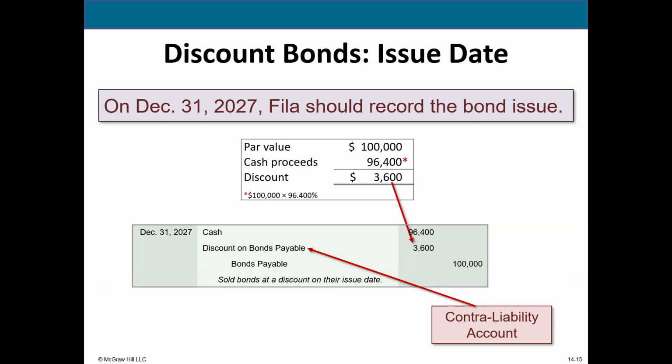We debit discount on bonds payable, which is the difference between the $100,000 par value and the amount that we've actually received. So we received 96,400, and the difference is 3,600, which is the discounted amount. So we debit cash 96,400, debit discount on bonds payable 3,600, and credit bonds payable 100,000.